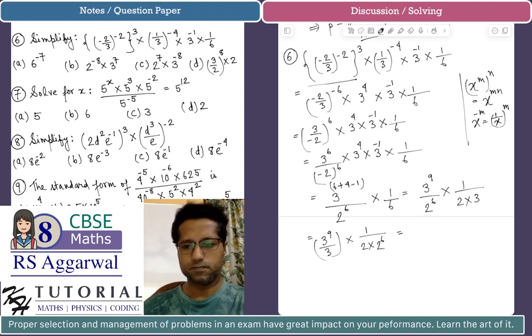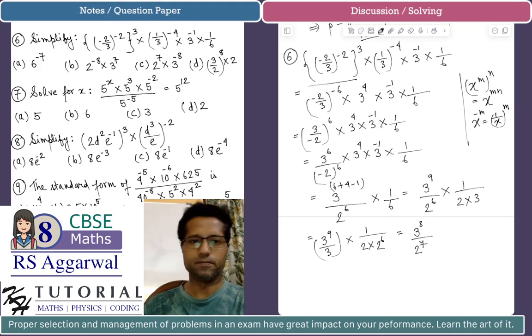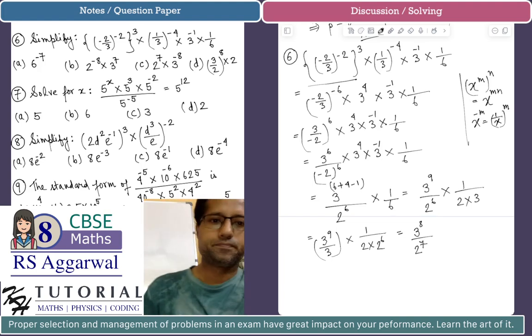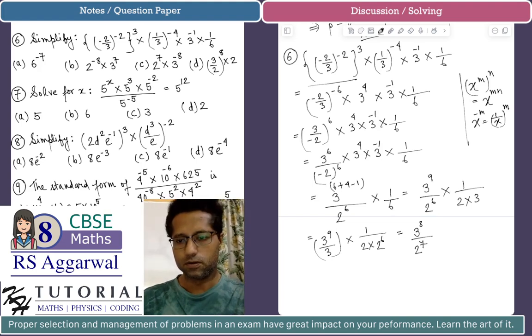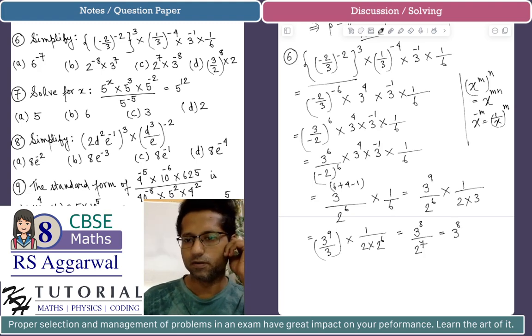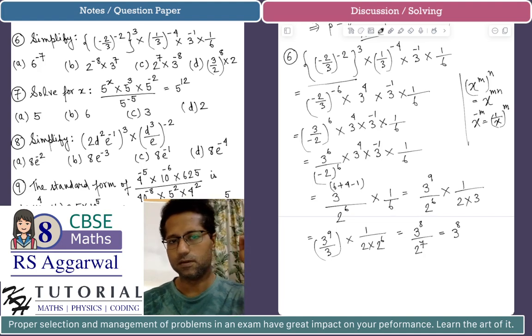This is equal to 3 multiplied by 8 divided by 2 multiplied by 7. So this is equal to 3 to the power 8, depending on in what format the choices are given, you have to manipulate the final result.